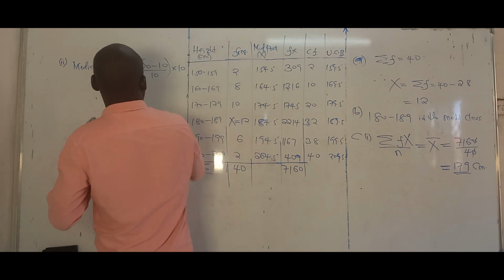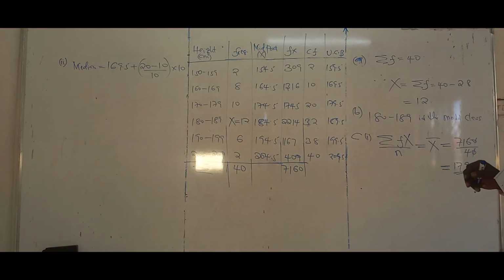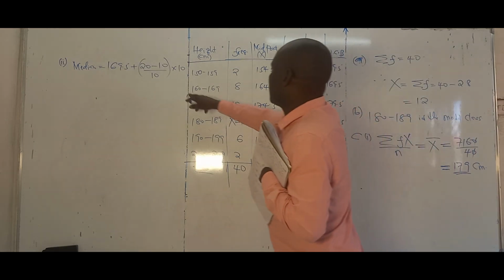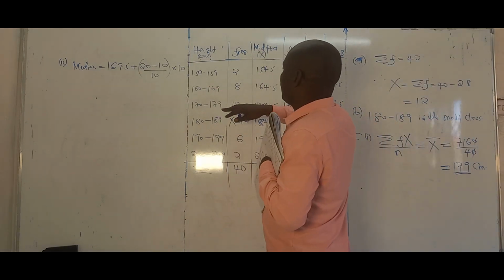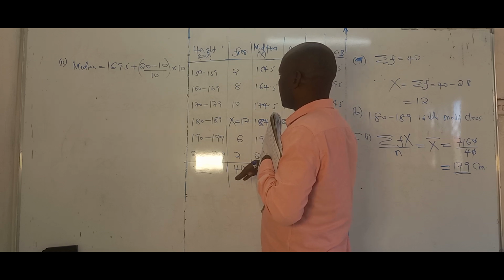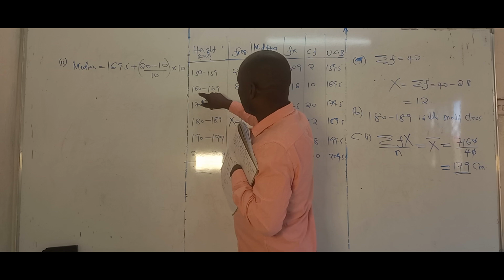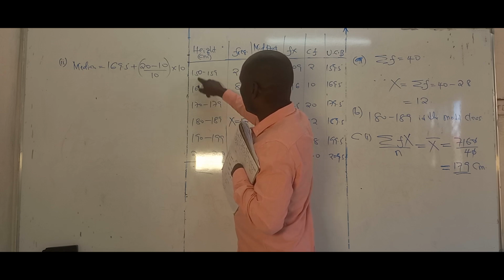And then it is 20 minus 10 over 10. This 10 here is what we refer to as the class width, and you'll see that it is 10. We subtract 150 from 160, you get 10. Subtract 160 from 170, you get 10.